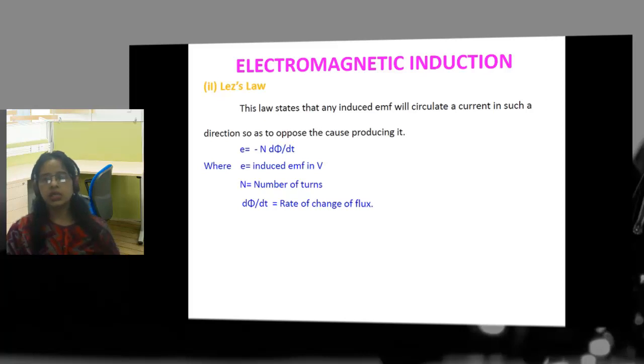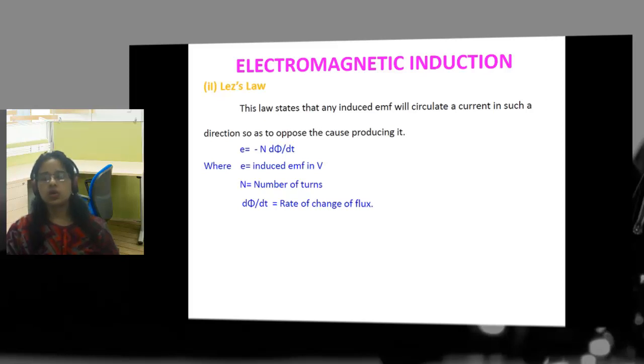Now due to the change in the value of the magnetic flux, an EMF is induced in the conductor. Now there should be some direction, some polarity of the EMF, right? The direction of the EMF will be such that it will oppose the cause producing it. It always opposes the cause inducing it.